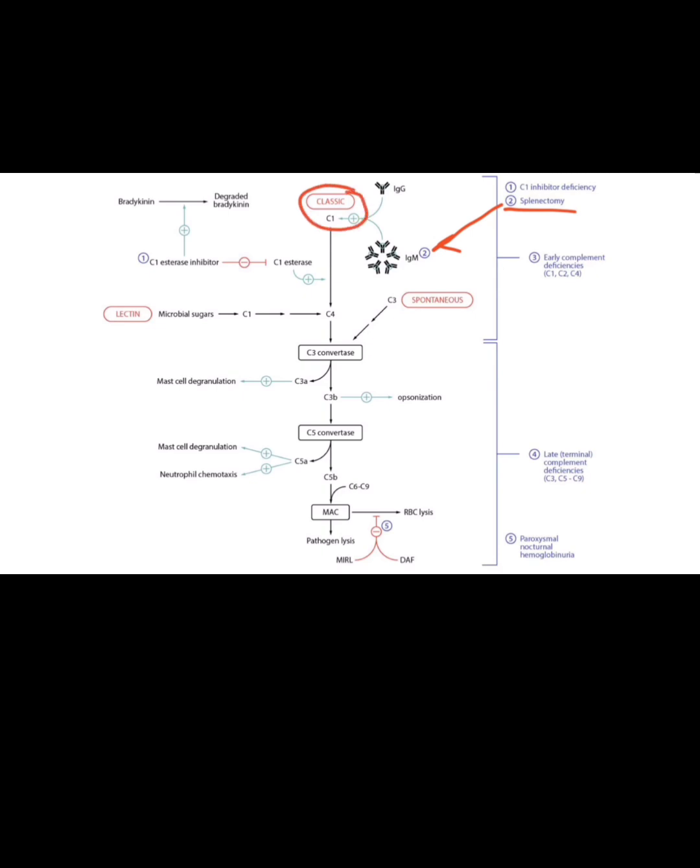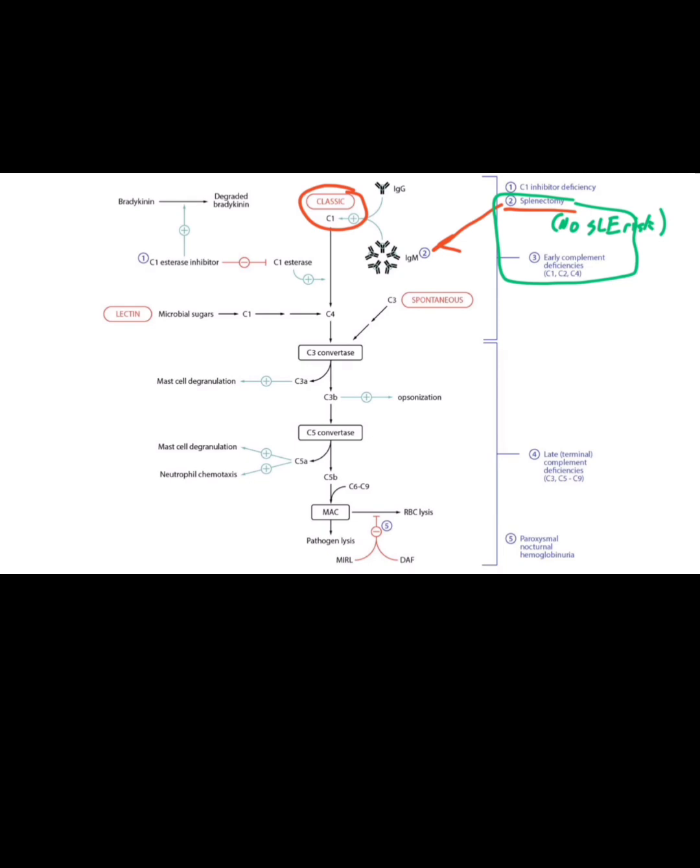That, plus the lack of splenic macrophages, results in infections with encapsulated organisms. Again, that would be H. flu type B, strep pneumo, and Neisseria meningitidis. So splenectomy and early complement deficiencies are very similar. However, patients with splenectomy don't have an increased risk of developing lupus, which makes sense. After all, they're able to actually form the proteins that should clear out immune complexes, whereas early complement deficiencies don't have that.